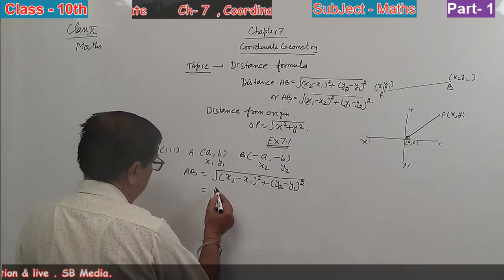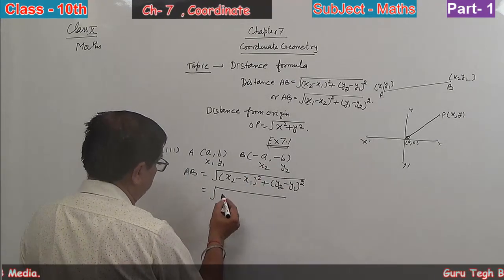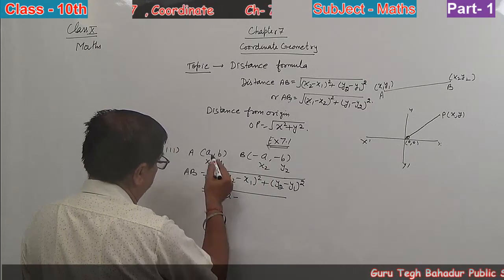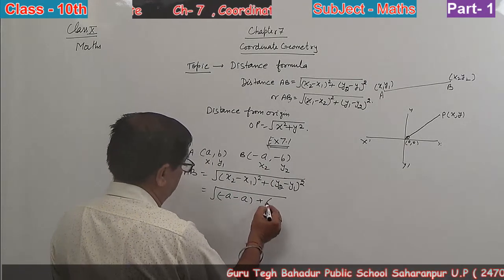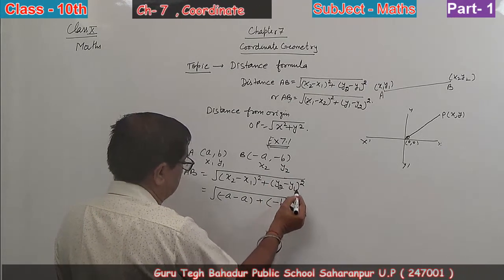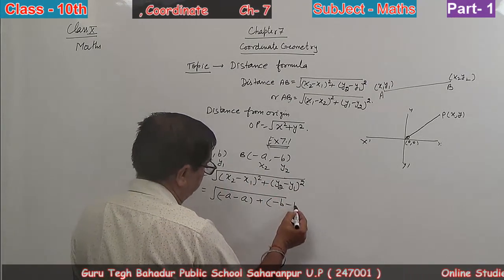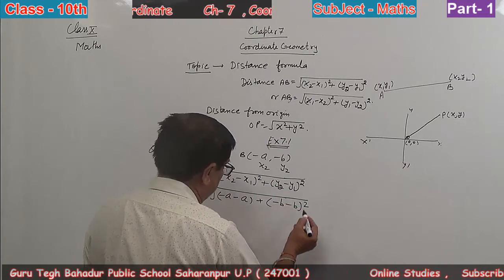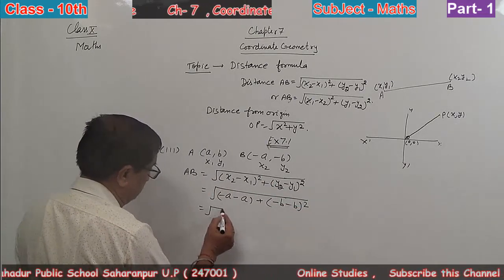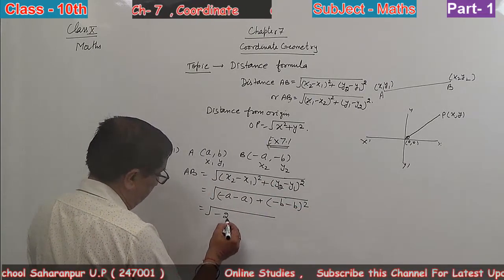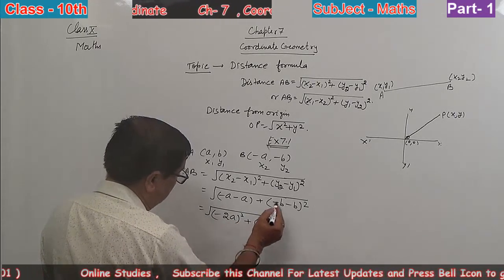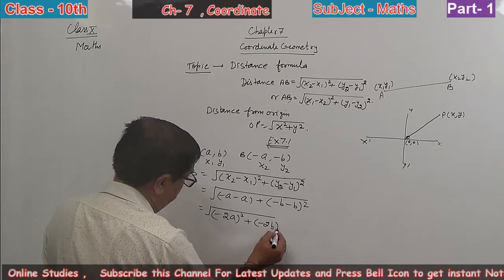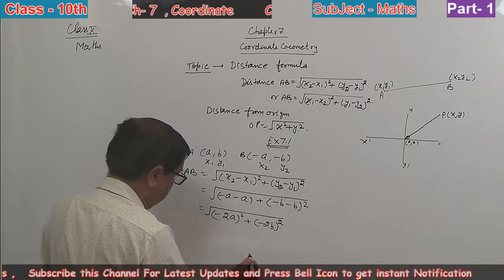Putting the values, x2 is minus a, minus x1 which is a, plus y2 is minus b, y1 is b, whole square. Minus a minus a becomes minus 2a whole square, minus b minus b becomes minus 2b whole square.